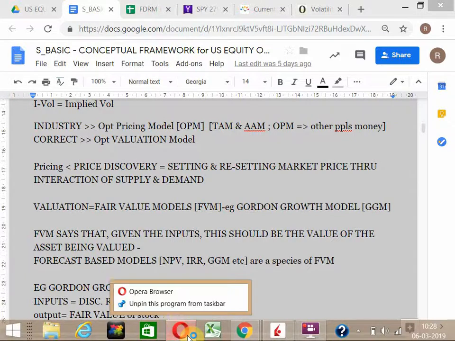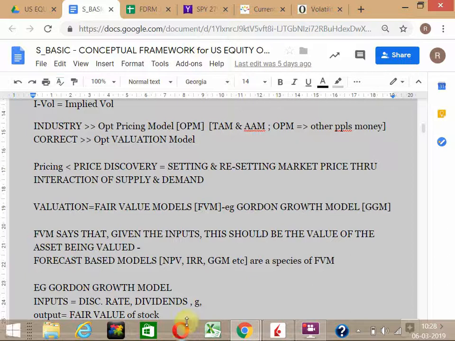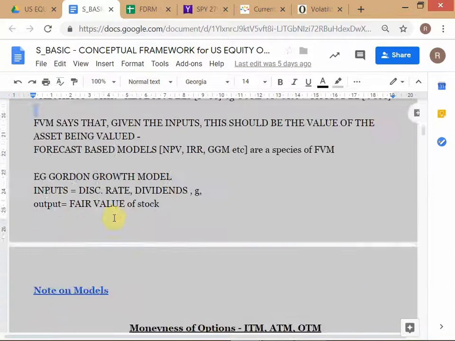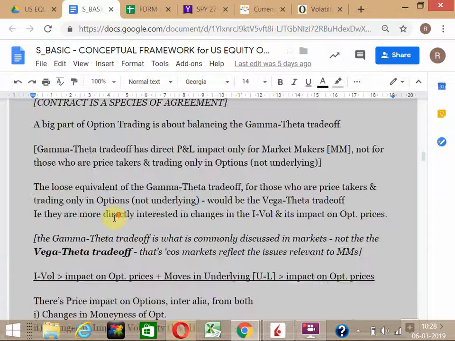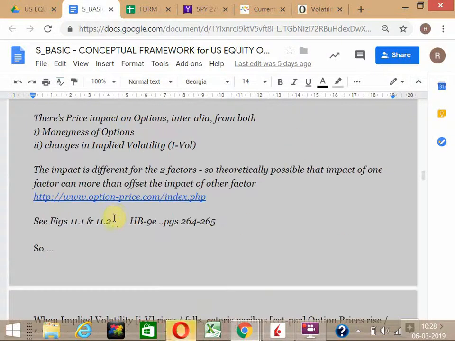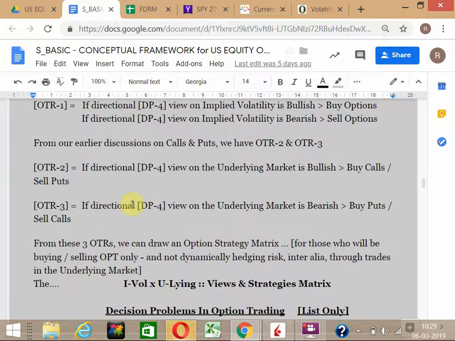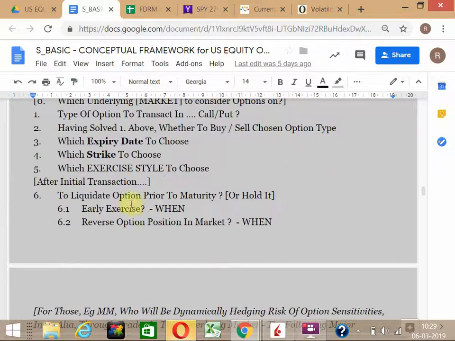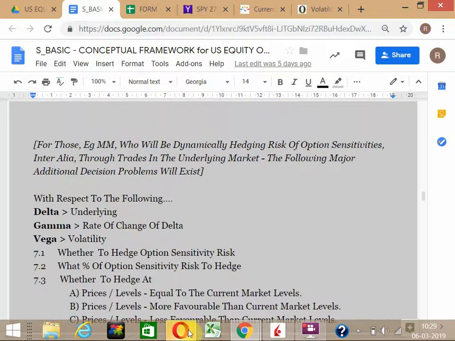Options, sensitivities, all these things we have already discussed, the matrix we have already discussed. We have added the expiry date and then we would come to another decision.